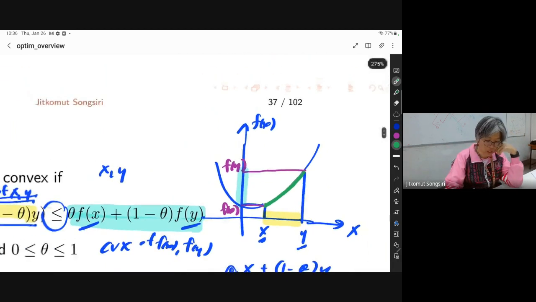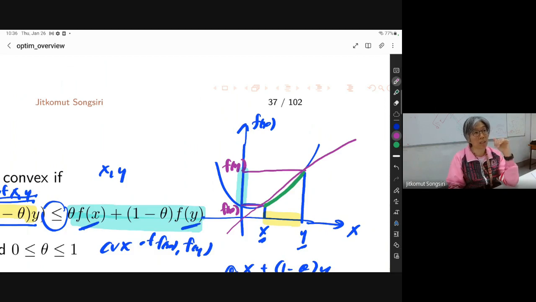This inequality means, though maybe it's not clear because of the shape I'm drawing, that the green part, if you look at the value, has to stay under the line connecting f(x) and f(y). And it must hold for any point x and point y.